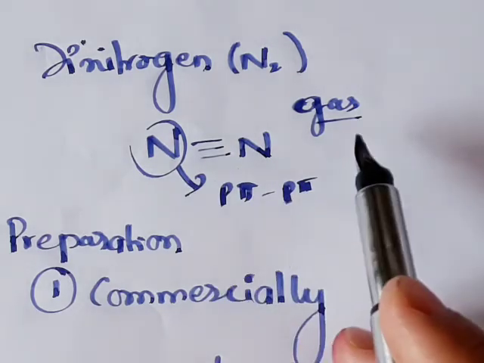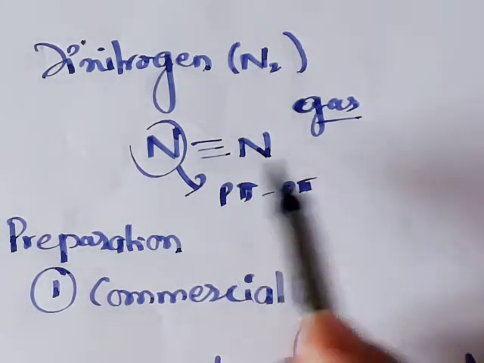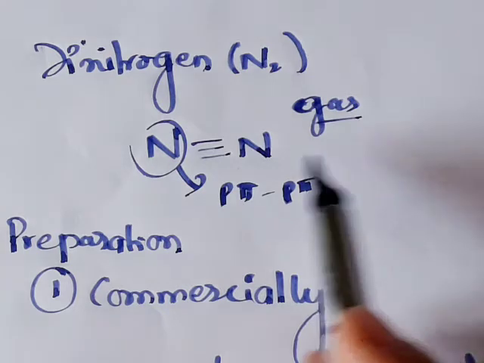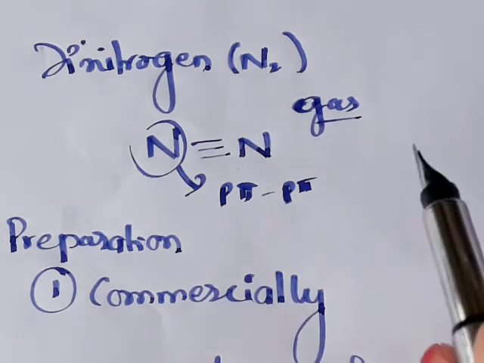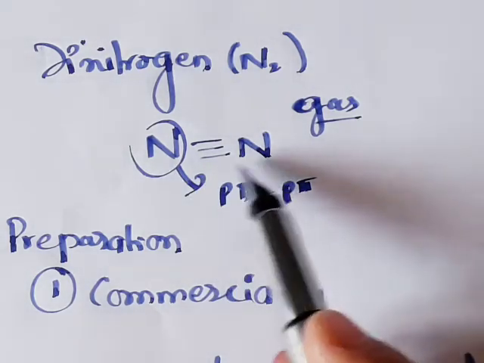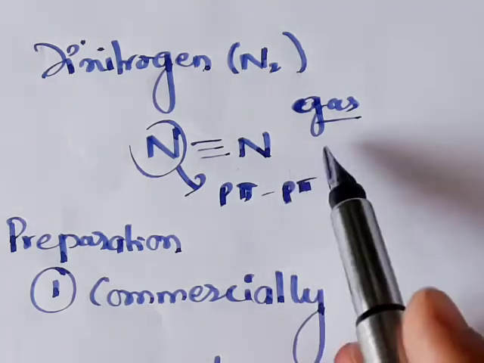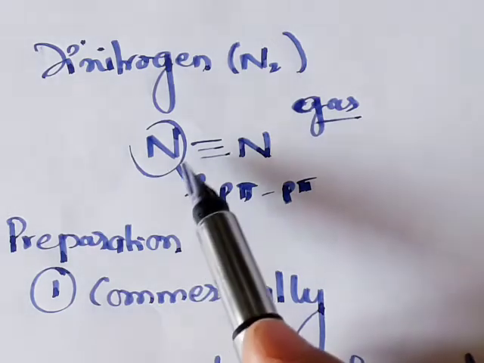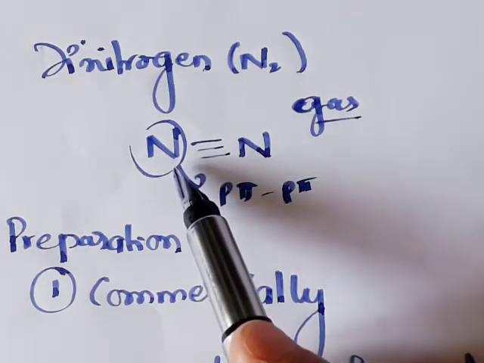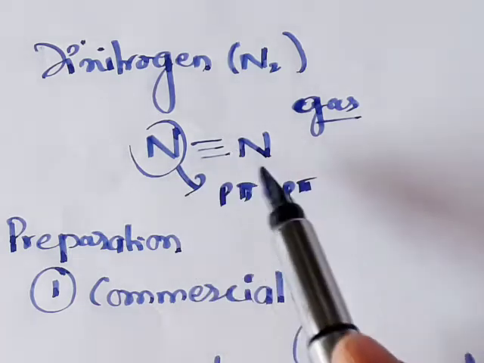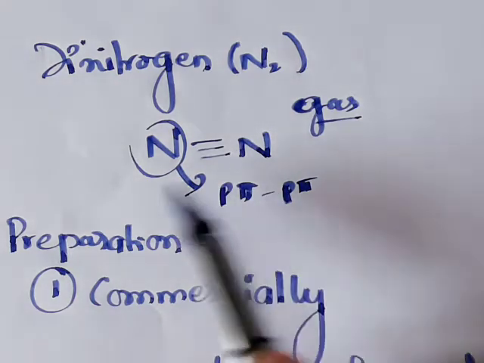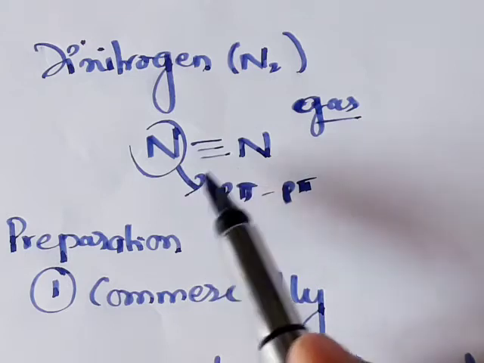Nitrogen exists as a gas, and as a diatomic molecule. Nitrogen has very low catenation property and thus it exists as a diatomic molecule, right? Now what is the reason for that? We know that because of the very small size and high electronegativity of nitrogen, it has a unique tendency to form p-pi multiple bonds to link with itself.